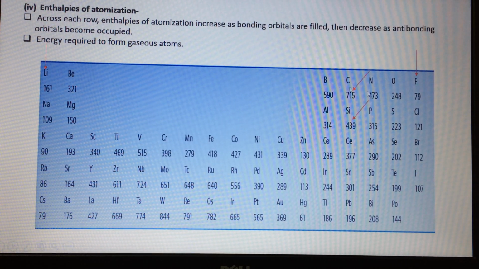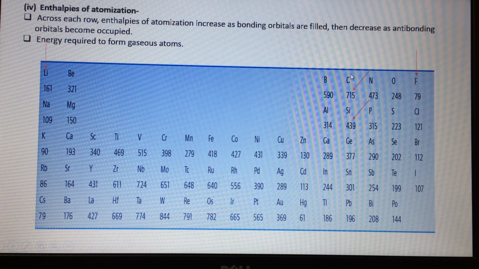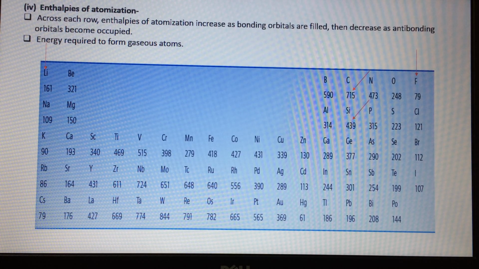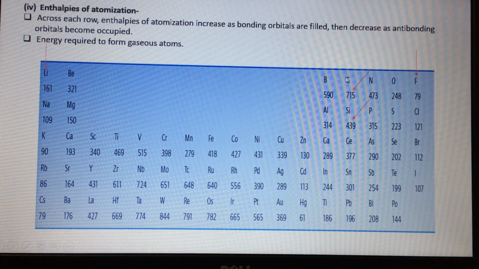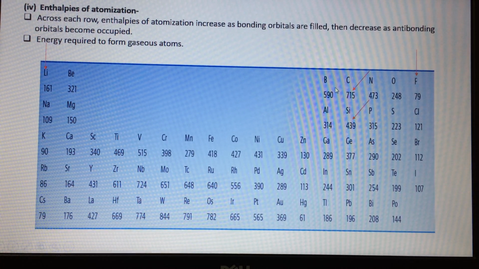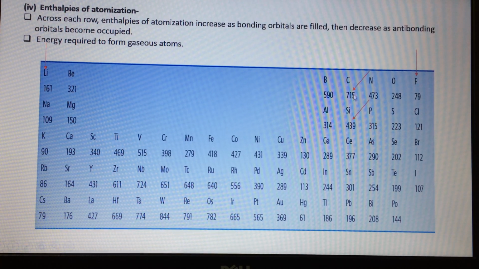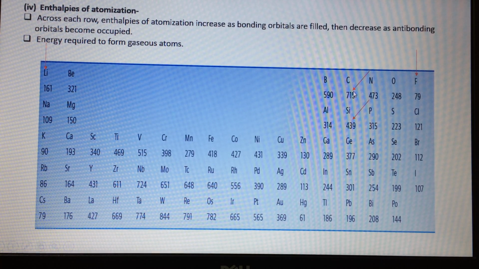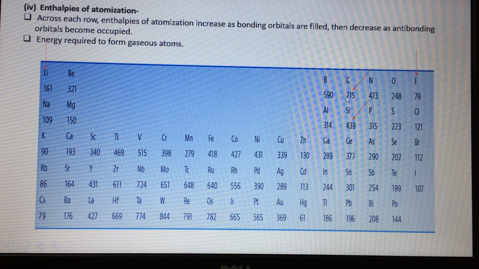That's why, if you see carbon, the valence electron count is 4. Not 4, 6 valence electrons, but here the outer electron count is 4. So 6 means here 2 electrons are needed to fulfill the octet.